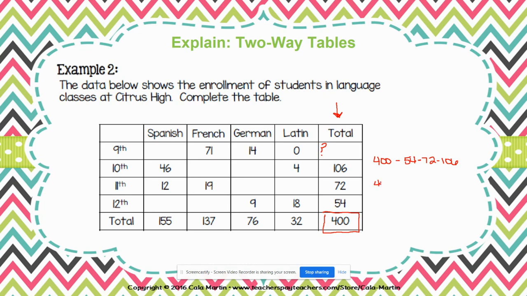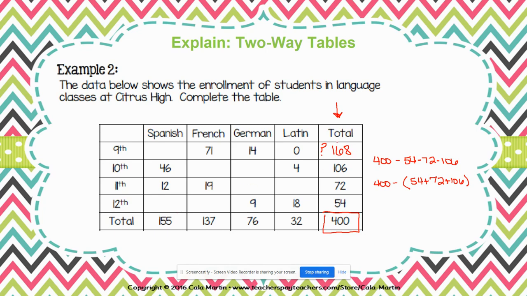You also could have added up 54, 72, and 106 first. Either way, you're going to get the exact same answer. When I do that, I get 168. So I know that there are 168 ninth grade students here.